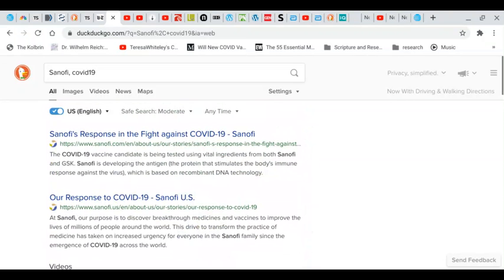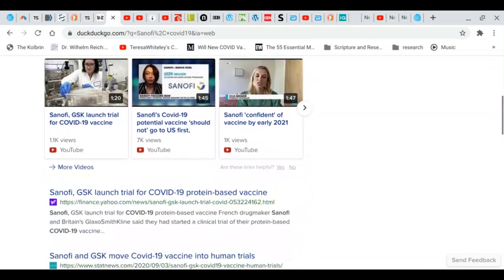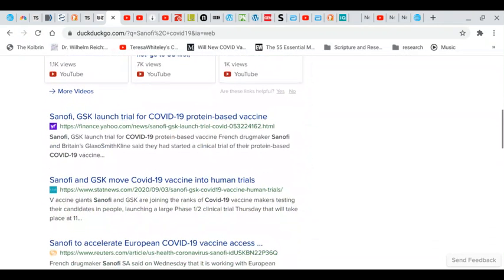So now what I did then, I typed in Sanofi and what do they have to do with COVID-19? And obviously, of course they do. Yahoo Finance says they just launched a trial for a COVID-19 protein-based vaccine.